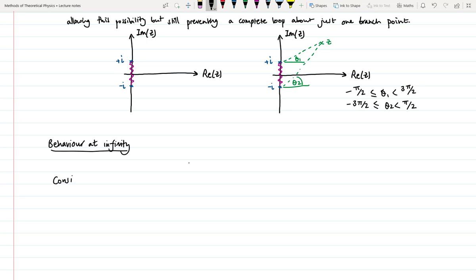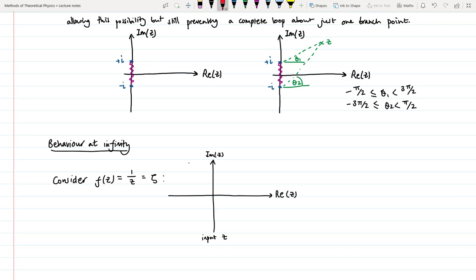Consider the function given by the reciprocal of z, which we're going to denote as zeta. What's the action of such a function? As usual, let's draw some axes. Here this is the domain of our function, so this is the input z.